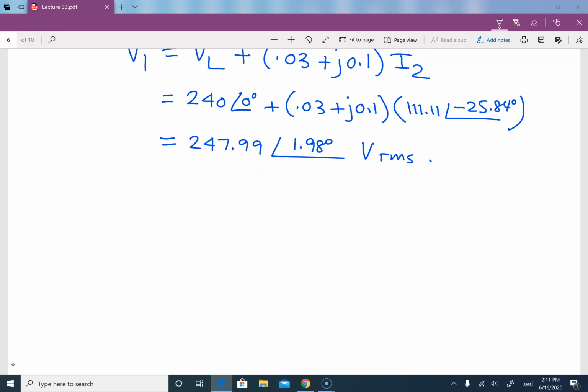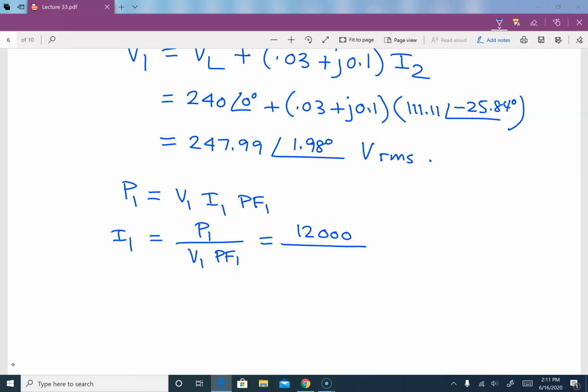Now, to find I1, first we go with P1. P1 is equal to V1 I1 power factor 1, because power factor 1 is cosine of theta V minus theta I. The only unknown is I1, and that is P1 over V1 PF1, which is 12,000 divided by 247.99 times 0.87.